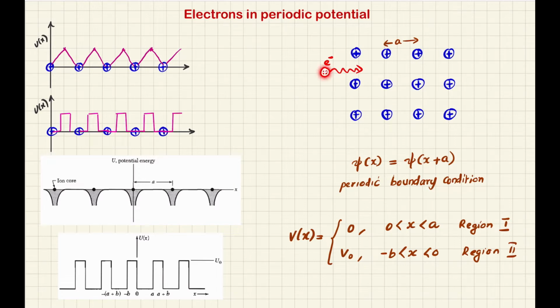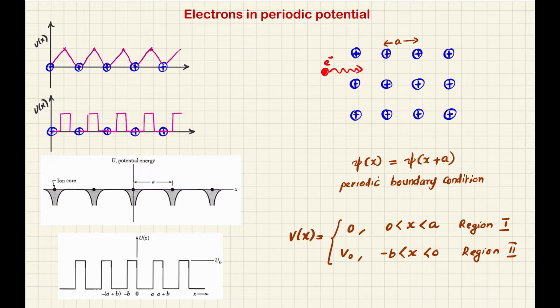When these free electrons move inside the crystal, they suffer a periodic potential provided by the ion cores. The potential at the positive core is very small, and the potential is very high in the region between the two ion cores.